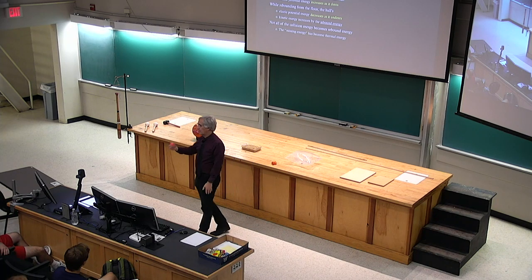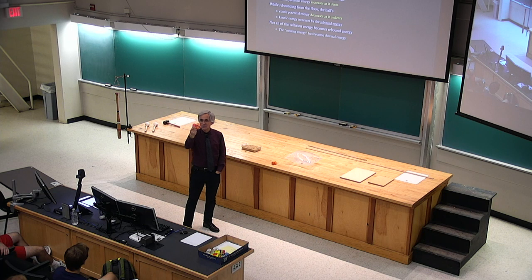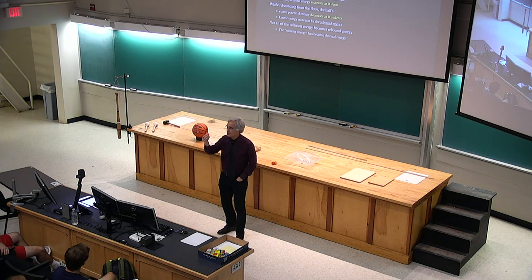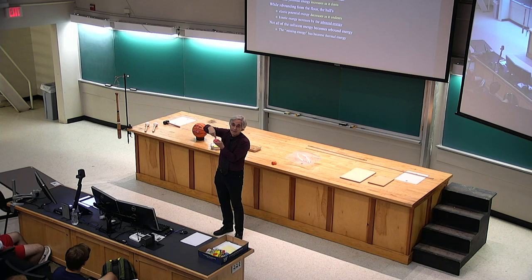To think through this, you have to think of the ball as not a single object, it's multiple objects, it's parts, and there's a denting process. The main thing is that if I dent the surface inward, I push inward, it moves inward, I do work on it, I put energy into it, and that goes on during the bounce.